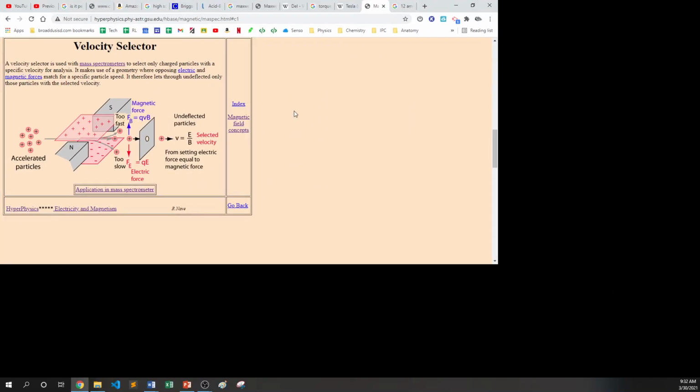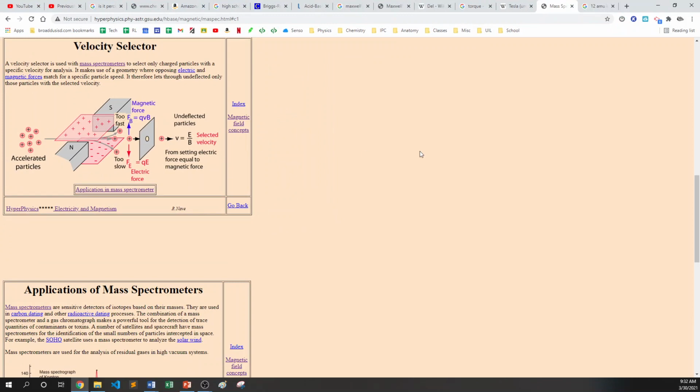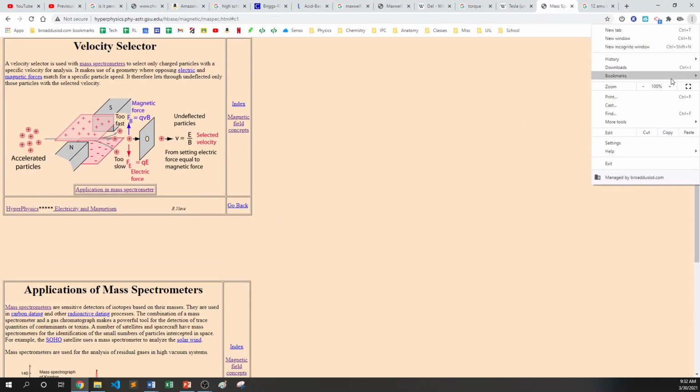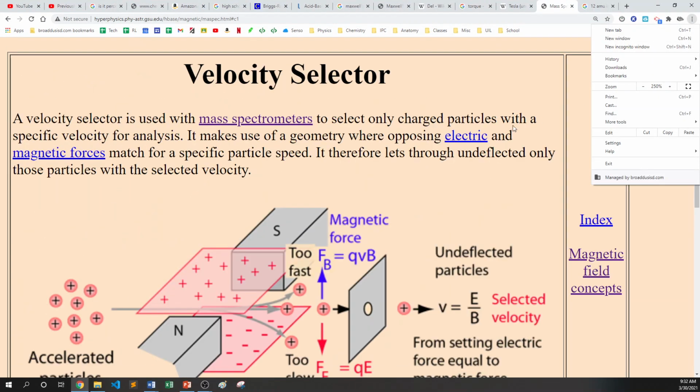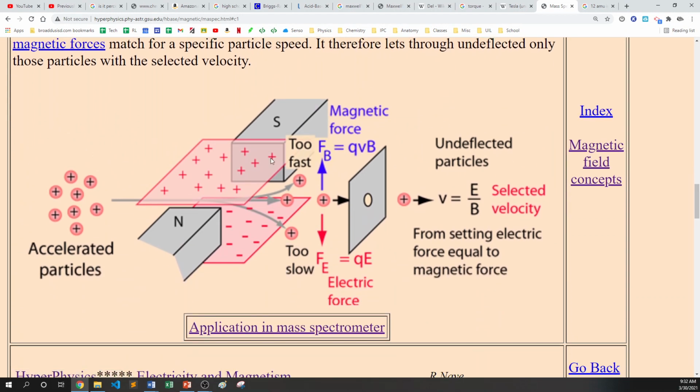And you're curious what a velocity selector would be. It is very simple. So we have an electrical field and a magnetic field. So if they're moving too slowly, then the force pulling downward is basically equal to Q times the electrical field.